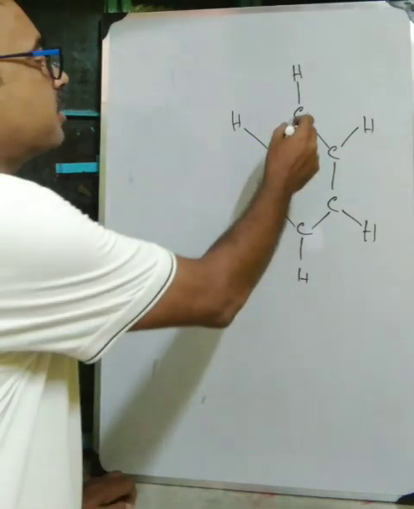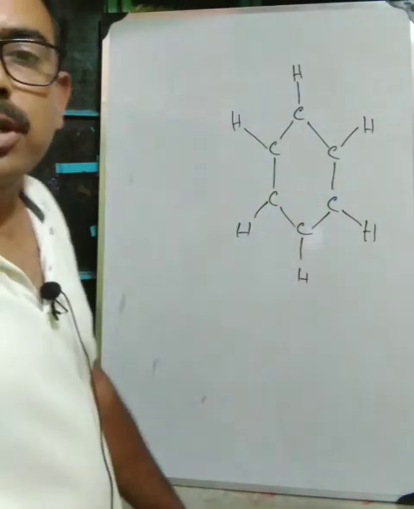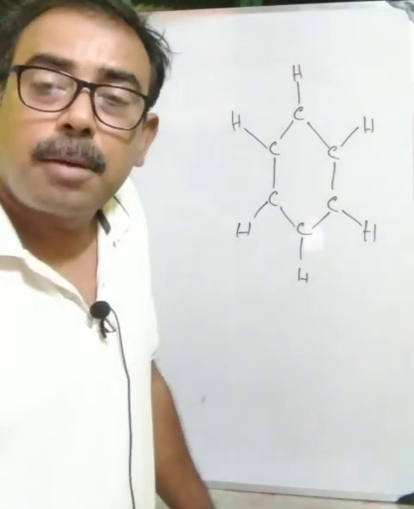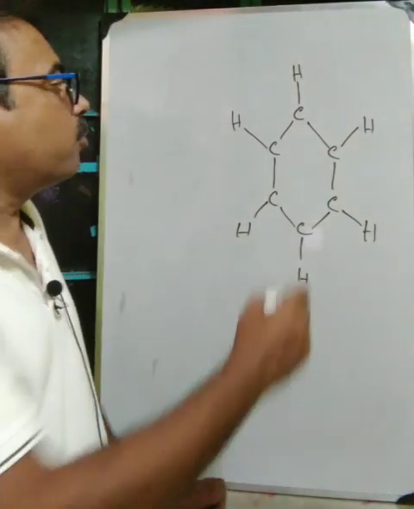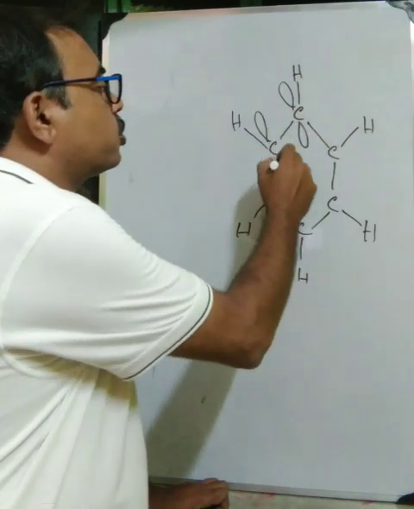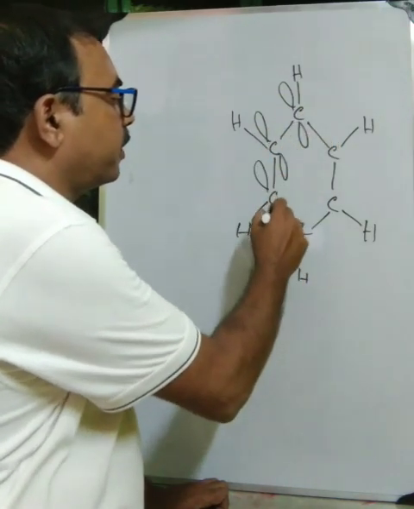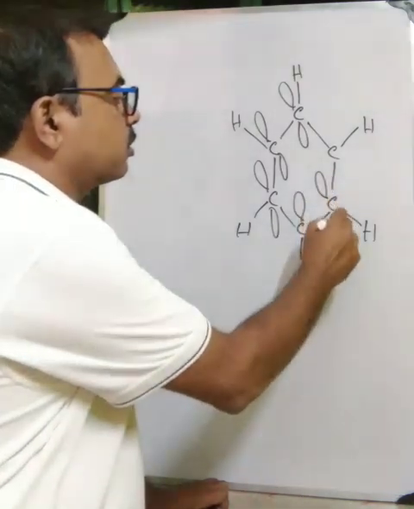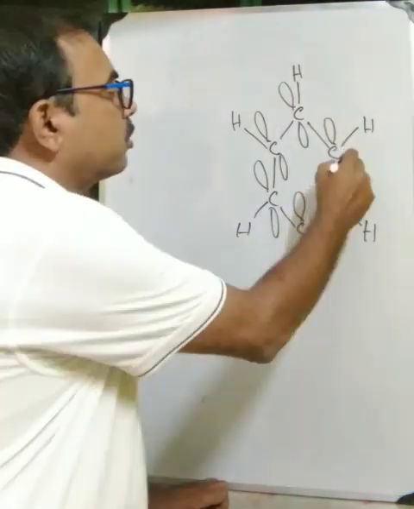This is benzene. Each carbon has made 3 sigma bonds, so each carbon contains a p orbital, and each p orbital of one carbon is parallel to the other. They cannot make a head-on overlap, but lateral overlapping can occur. If lateral overlapping occurs, these two p orbitals form a pi bond.